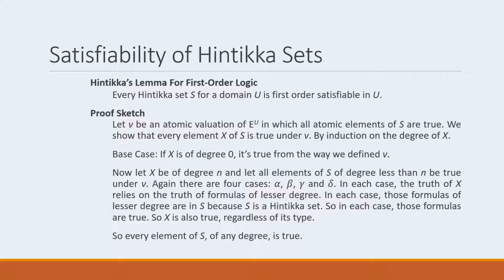So they're in S, they're of lesser degree and they're true, so alpha is also true. The case for beta, gamma, and delta is similar. So in each case, X is going to be true, regardless of its type. So for every element of S, of any degree, that element will be true.